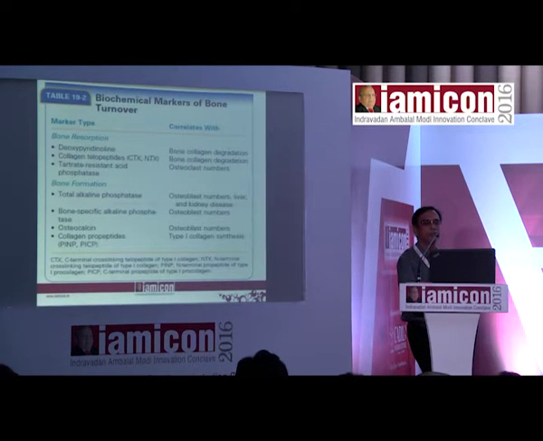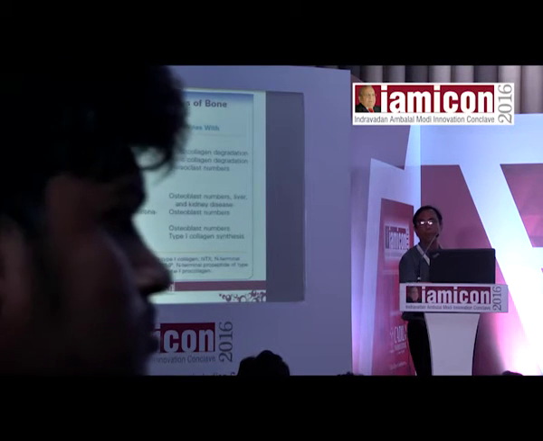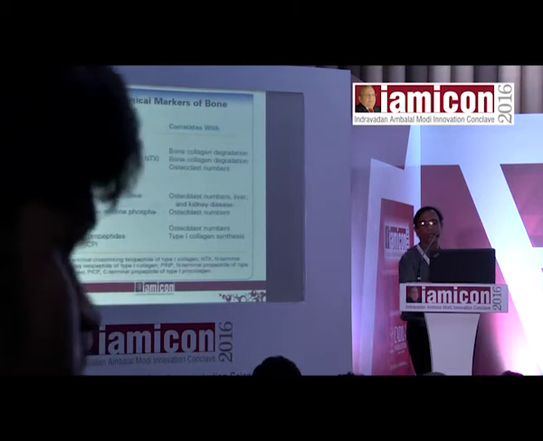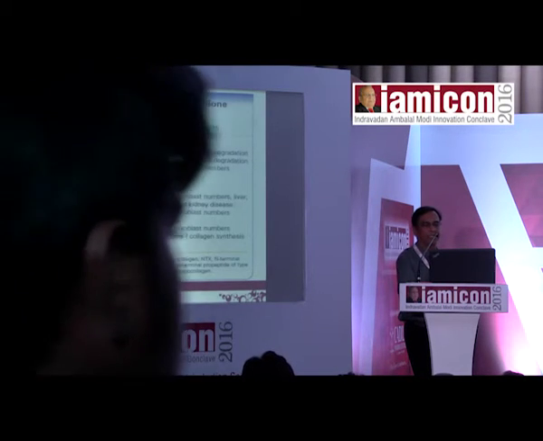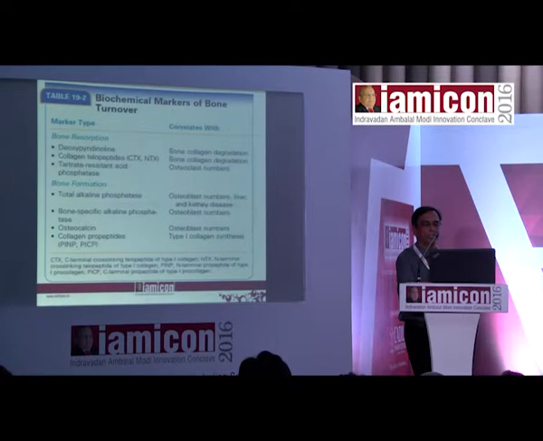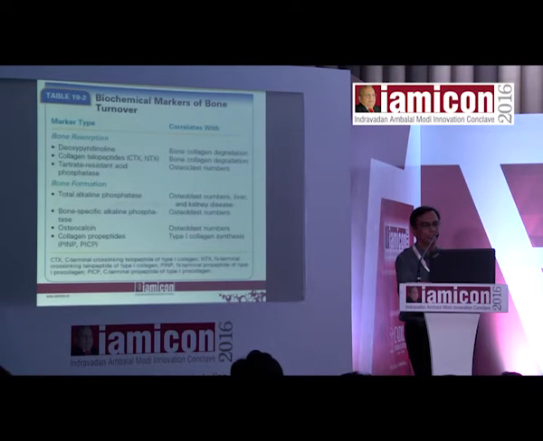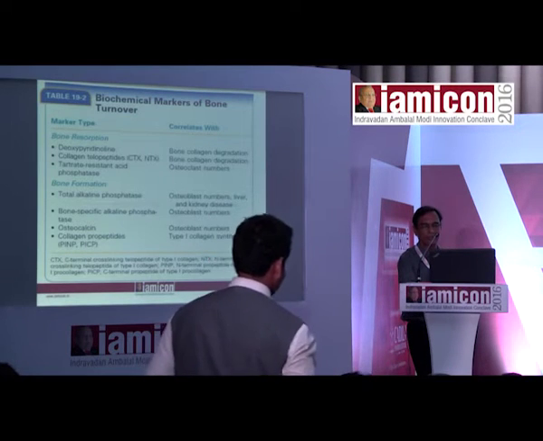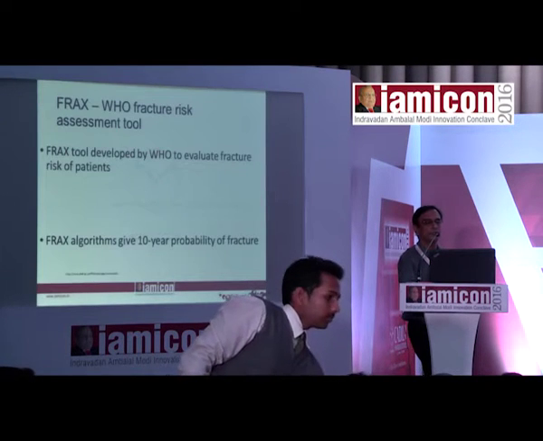When we come to bone formation, it is the bone-specific alkaline phosphatase, or again collagen propeptides, N-linked or C-linked, C-terminals. These are also cross-linked. So for bone formation, the propeptides reflect osteoblast numbers we assess.